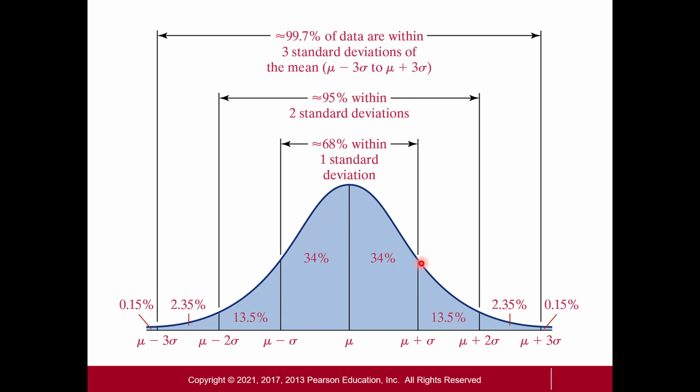And if we add all those up, that's where we get the 95% from. And then if we spread out a little bit further and we do 3 standard deviations, that encompasses 99.7% of all the data within 3 standard deviations away from the mean. And then we have just this little tiny bit outside of 3 standard deviations, about 0.15%.